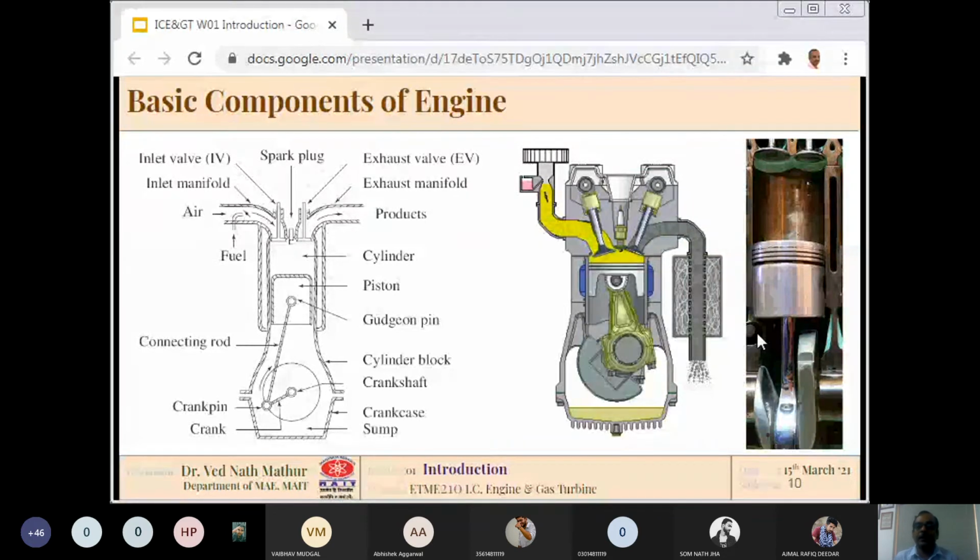It's not taking part in the combustion, so it reduces the efficiency of the engine. We do not want this air fuel mixture, which is in the combustion chamber, to leak to the crankcase. That's why piston rings are provided. So you can say there are two different functions. One is to avoid leakage, and the second is to avoid contact between piston and cylinder.